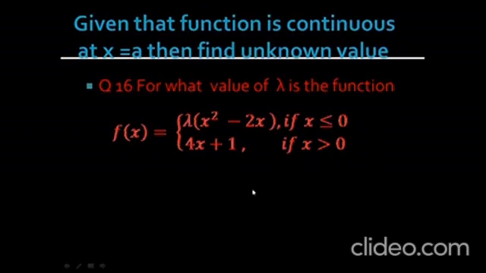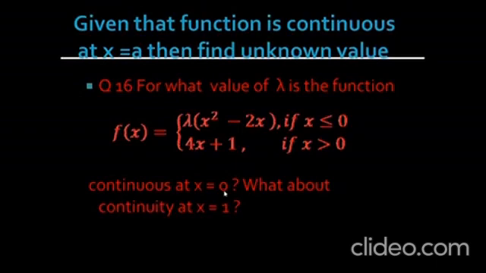Now we have to find the continuity at x equal to 0. If it is continuous at x equal to 0, we need to find the value of lambda. And what about the continuity at x equal to 1? First of all, we need to write: if the function is continuous at x is 0, we can say the left hand limit is equal to the right hand limit, and it is equal to f(0).